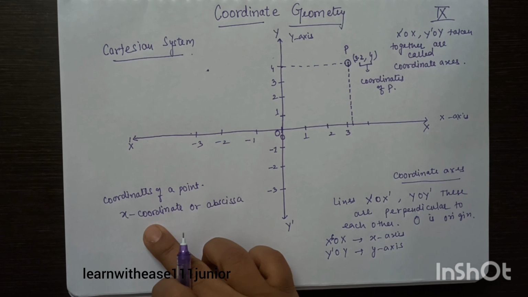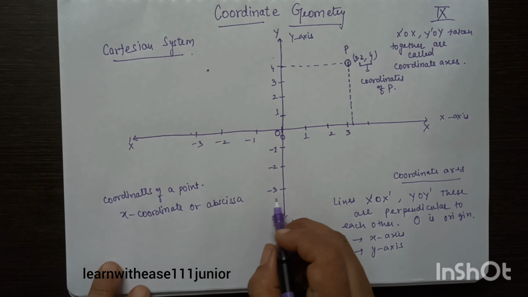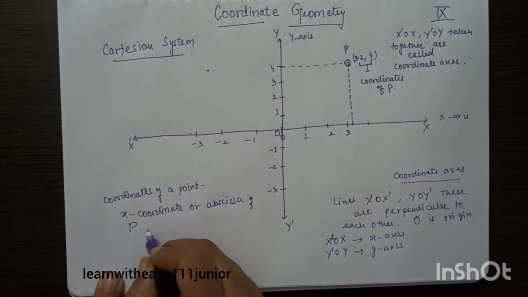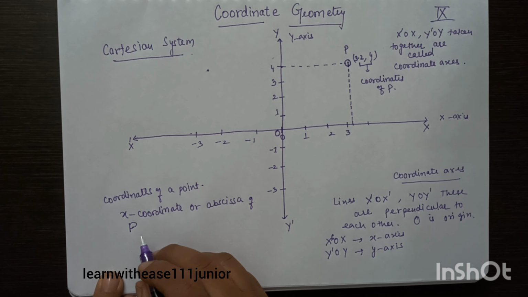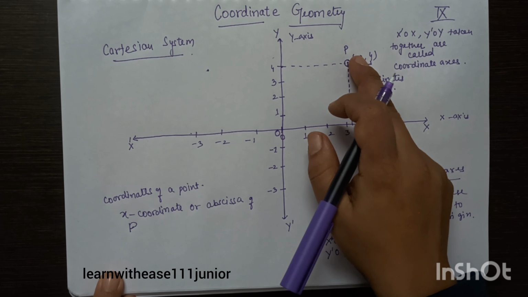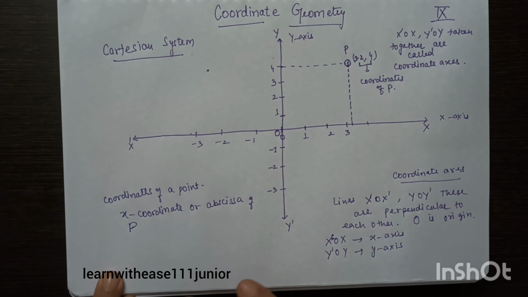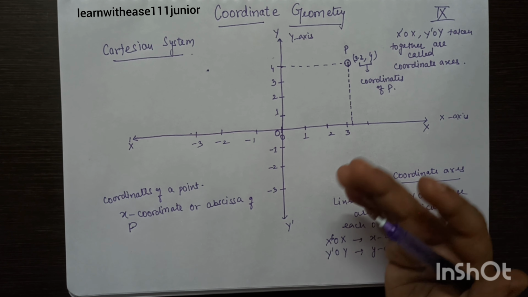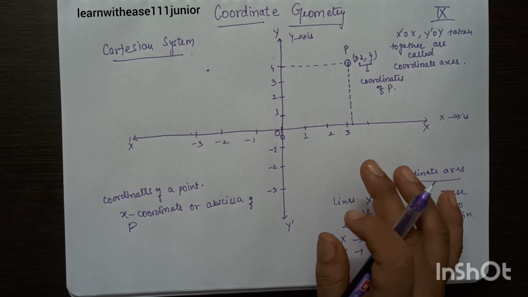What do we call x coordinate as? Abscissa. Abscissa of point P, usually denoted by x, is the distance traveled in the x-axis by the point. We need this information to find x coordinate and y coordinate.